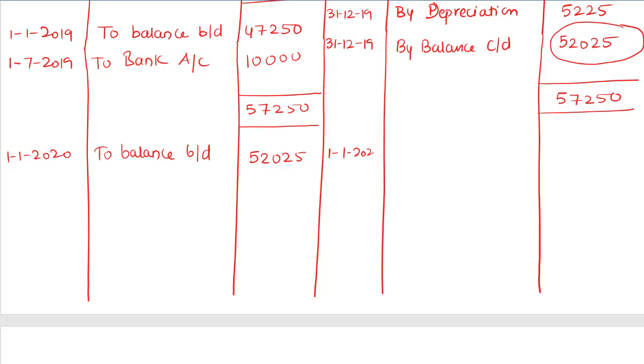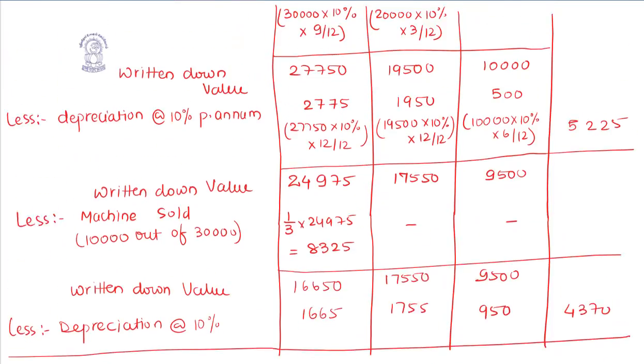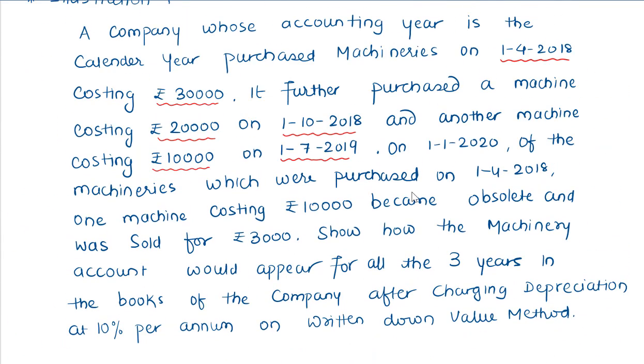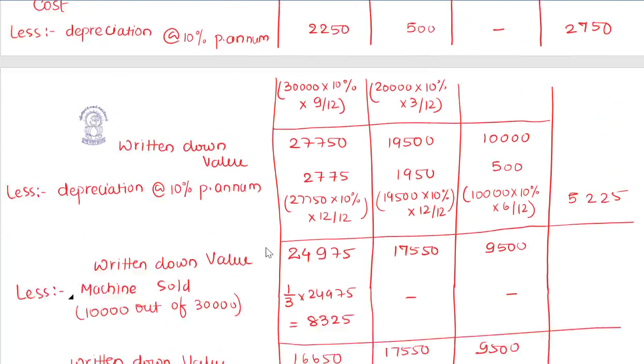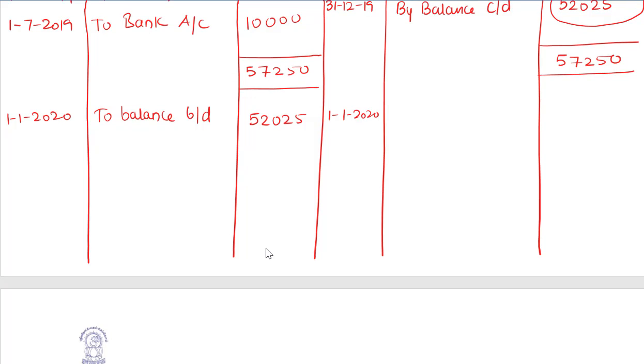1st of January 2020, the machinery became obsolete and sold for 10,000. So by bank account, machinery sold. One third of the machinery sold for 3,000. We had incurred loss, so by profit and loss account.